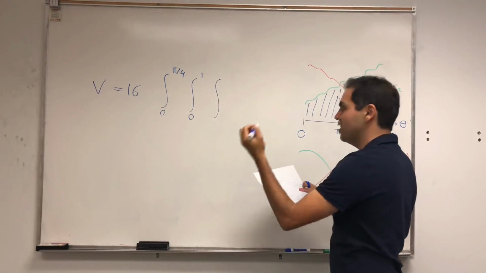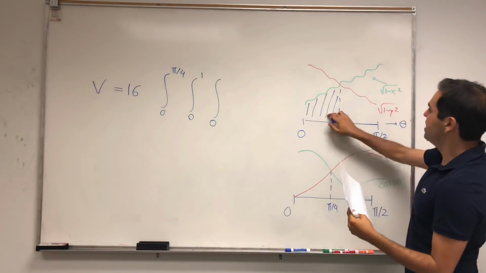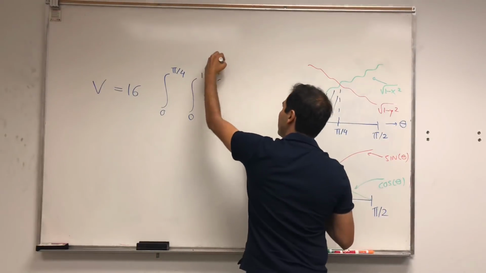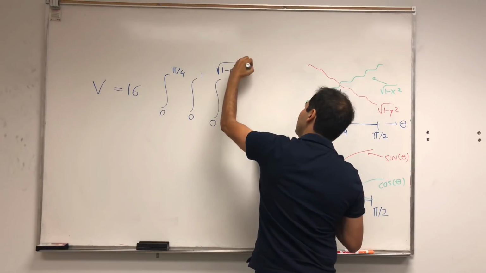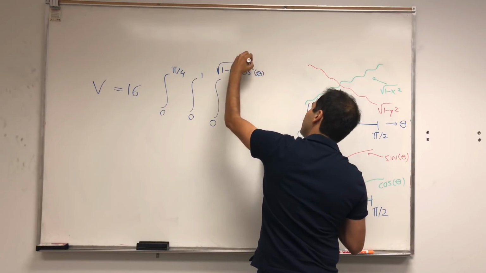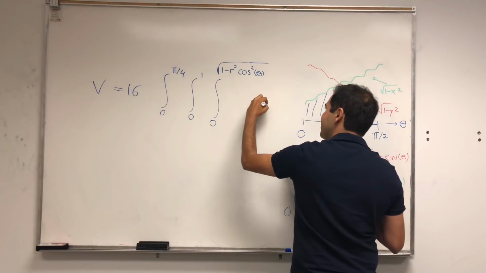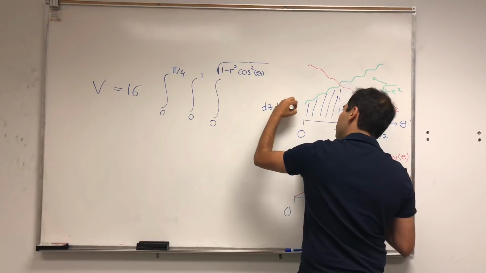And lastly, what about our z? We assume z is between 0 and the square root of 1 minus x squared, which becomes the square root of 1 minus r squared cosine squared theta. And respect the order, so this is dz, dr, d theta.